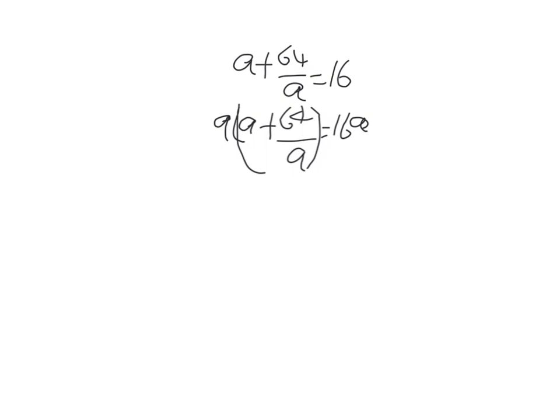So here you're going to say A times A is A squared. Then what is A times 64 over A? The A here will cancel this A. You're going to be left with plus 64. And then on the right side you have 16A.